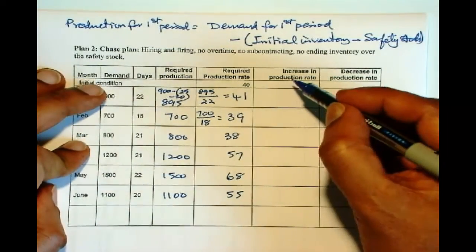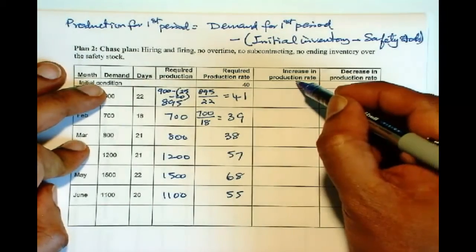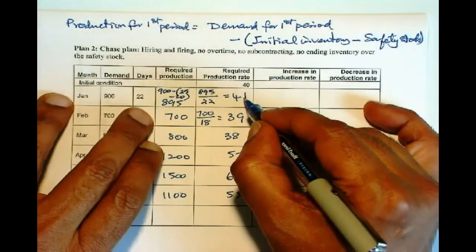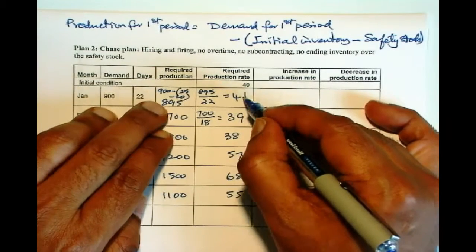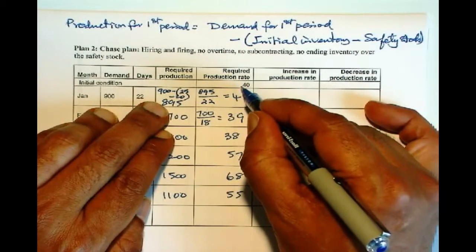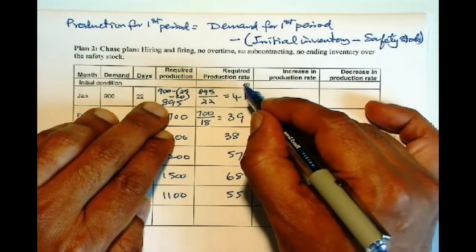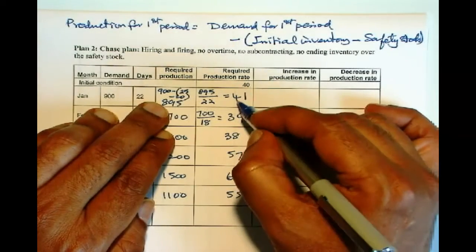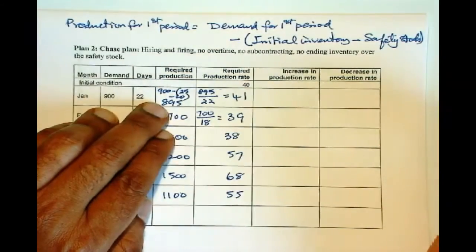So now we can look at the hiring and firing, increase and decrease. So the first month we compare it against the initial condition. So initial condition, this is given the previous production rate, the current production rate before the beginning of January is 40.